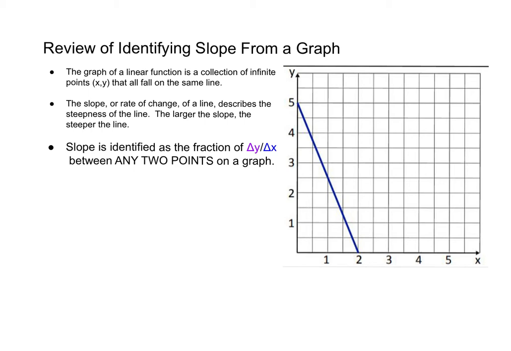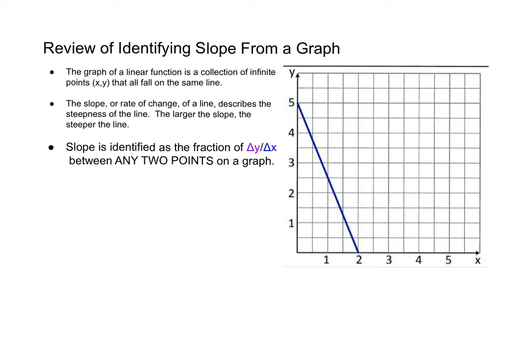Okay, so when we graph a linear function, what we actually have is an infinite collection of points. So a line is just an infinite collection of points. So every single x value and its corresponding y value, that's what happens with a linear function.